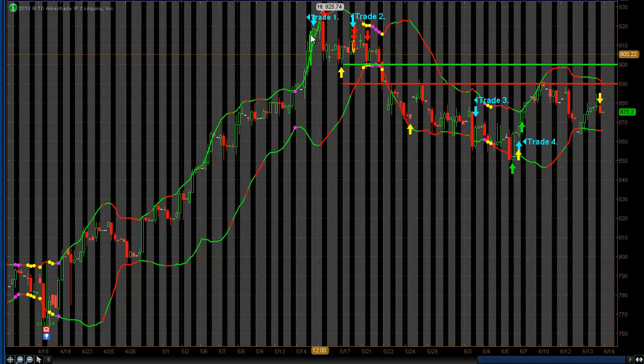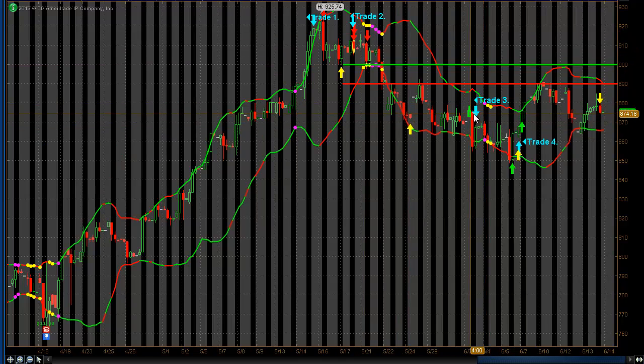So here's a review. The first trade was right here, and that trade was made on the 16th of May, and it was a short. Got out here, it's a profitable trade. The second trade came on the 20th of May, excuse me. Went short and covered down here.